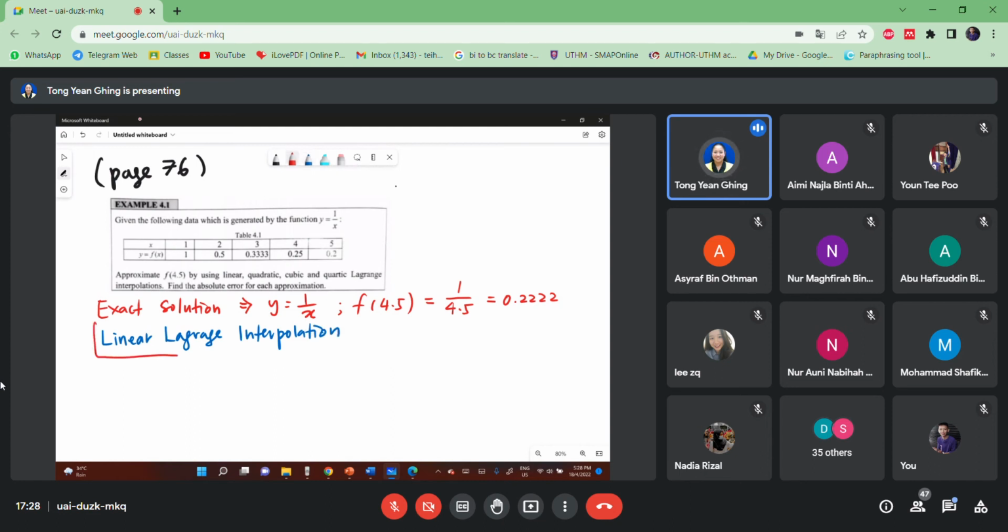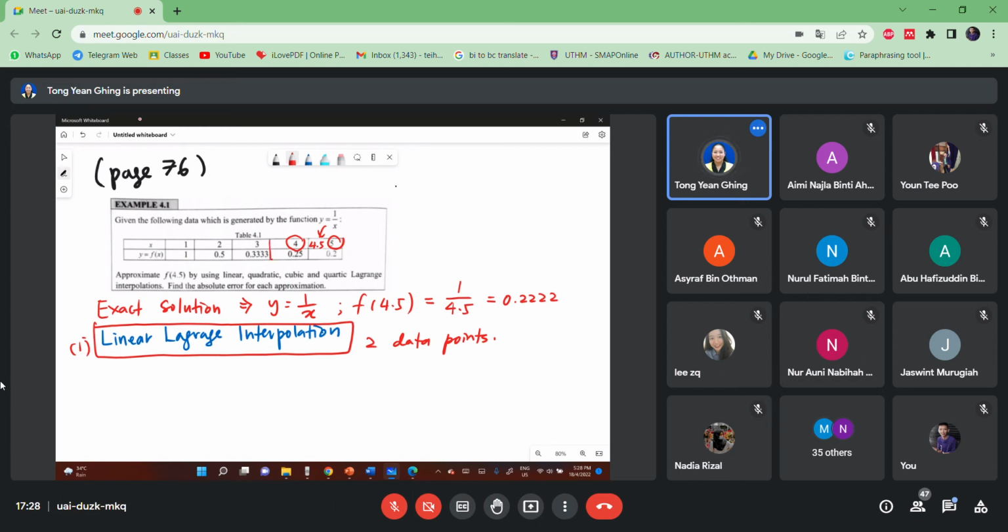Two data points. 4.5 is between 4 and 5, so that means we will use these two data points, 4 and 5.